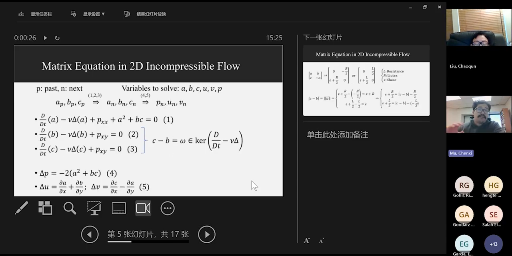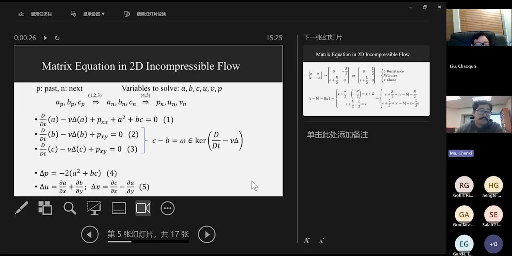Now let's talk about how to solve it numerically. We let the subscripts P and N denote the previous time step and the next time step. We can get the A, B, and C for the next time step through these time marching equations. D over dt of A minus nu Laplace of A plus Pxx plus A squared plus BC equals 0.